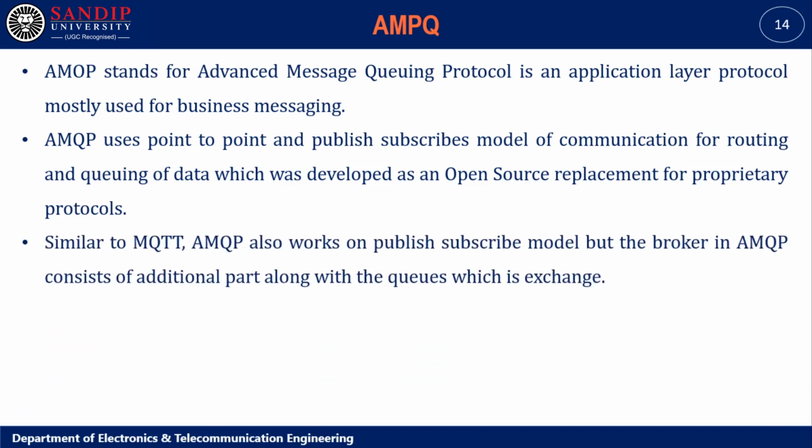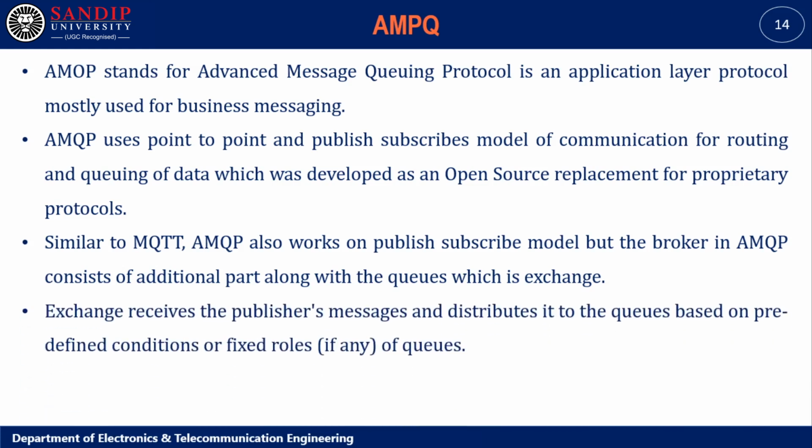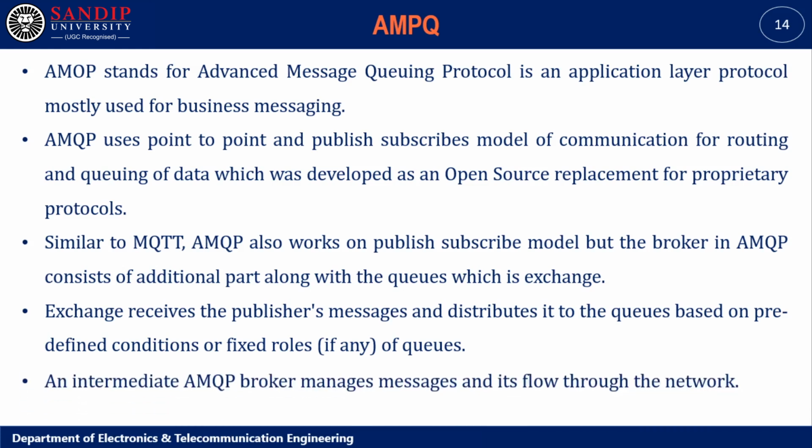Similar to MQTT, AMQP also works on the publish-subscribe model, but the broker in AMQP consists of an additional part along with the queues, which is the exchange. The exchange receives the publisher's message and distributes it to the queues based on predefined conditions or fixed rules, if any, of queues.